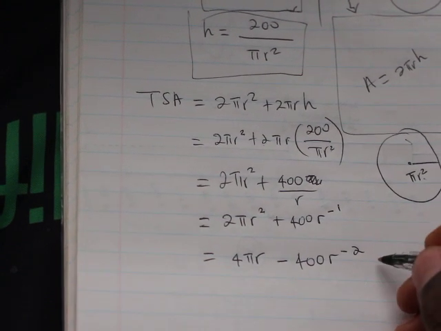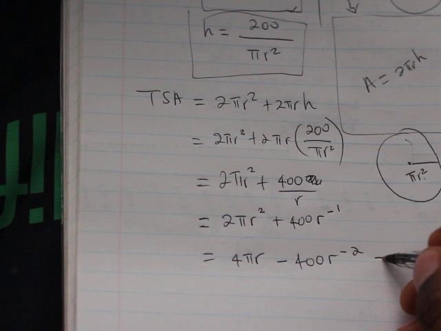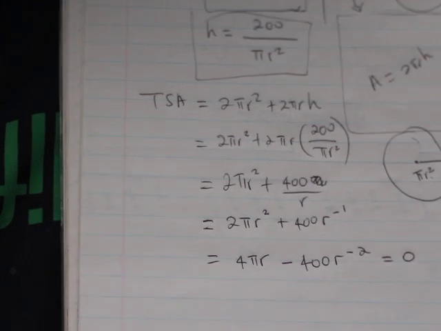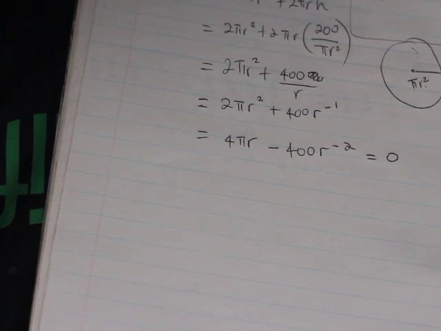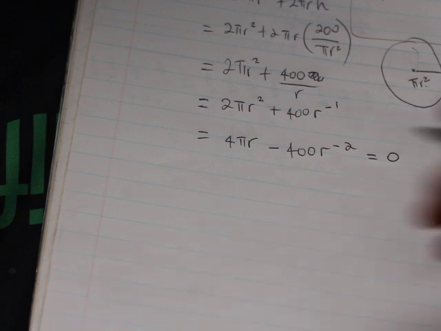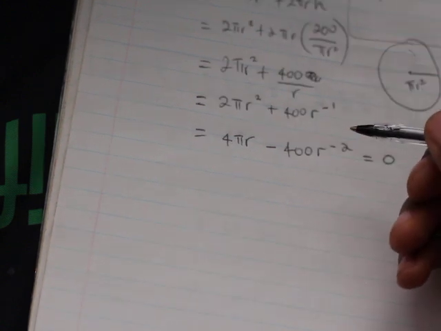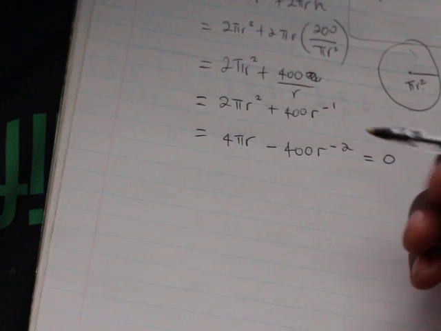Now obviously when we are deriving like this, we set the whole thing equal to 0. Now it's just a matter of solving. You can see that this can be written in the form of ax squared plus bx plus c, sorry about that.